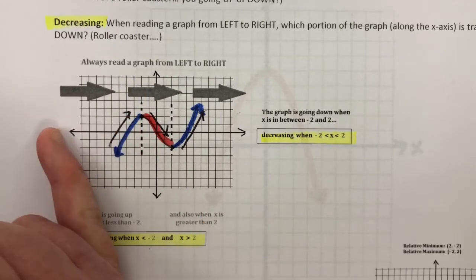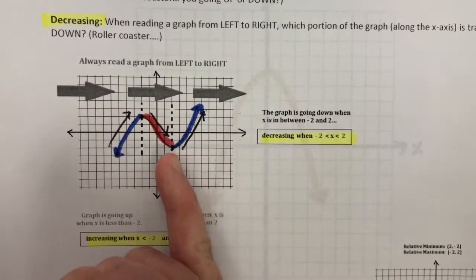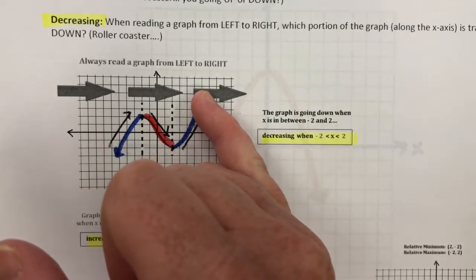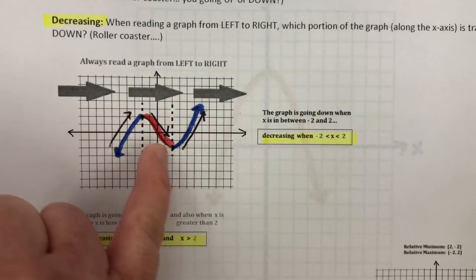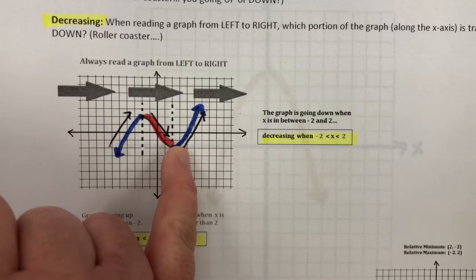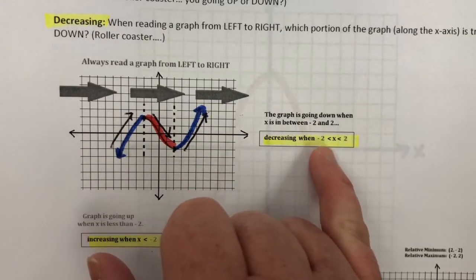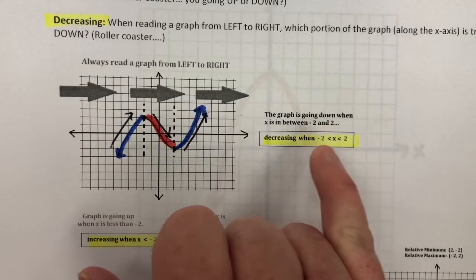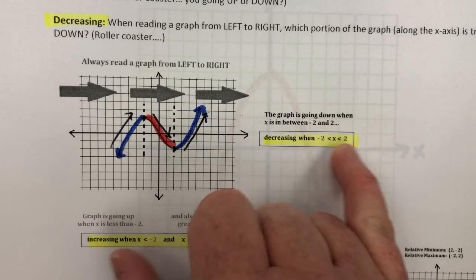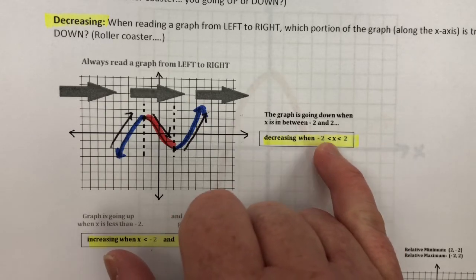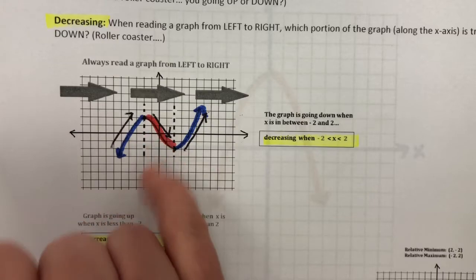If I'm less than -2, I'm coming up. If I'm bigger than 2, I'm going up. But if I'm in between -2 and +2, I'm falling down, right? So I'm decreasing when x is in between -2 and +2. X is bigger than -2, but smaller than +2, right in here.